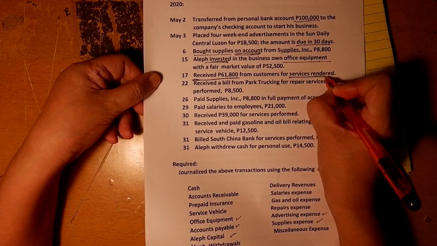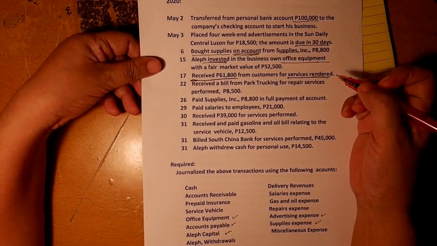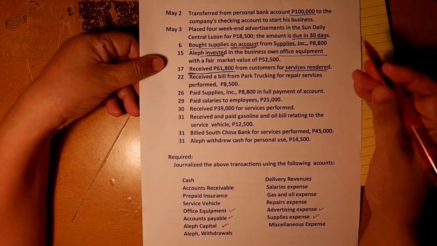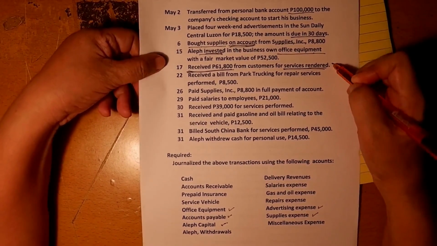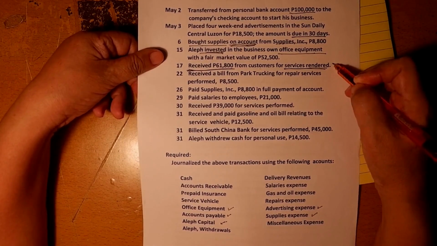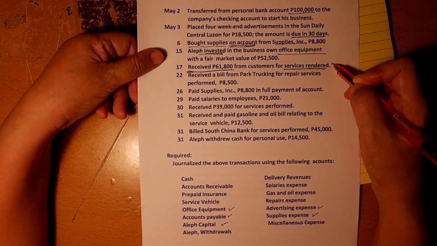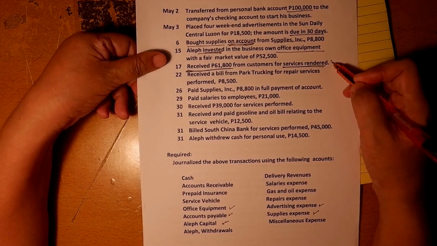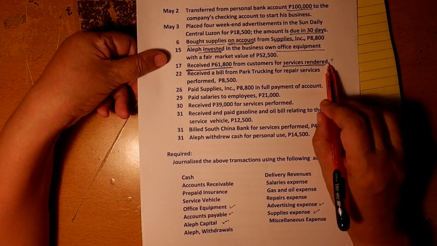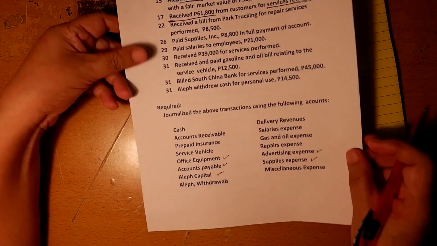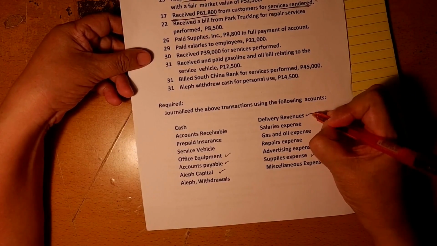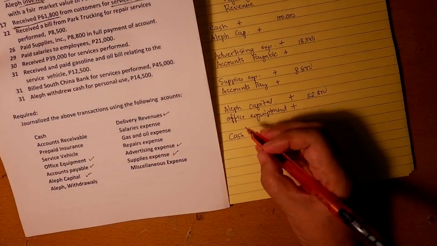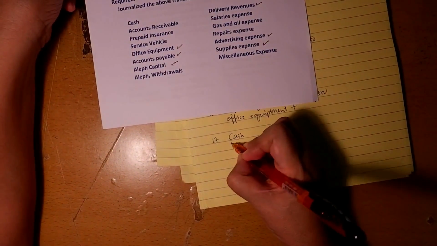If we read this phrase, services rendered, it means revenue was affected because we are dealing with a service industry and we earn our revenue by rendering services. That is why every time we have services rendered, it means our delivery revenue was affected. So we have delivery revenues.